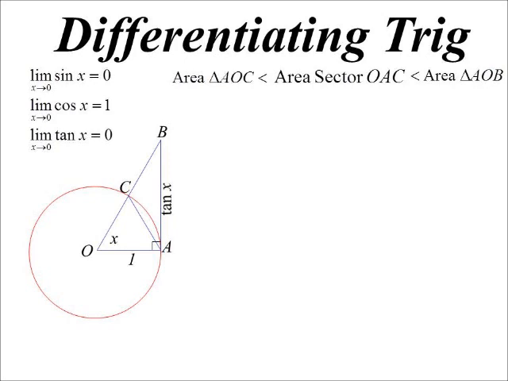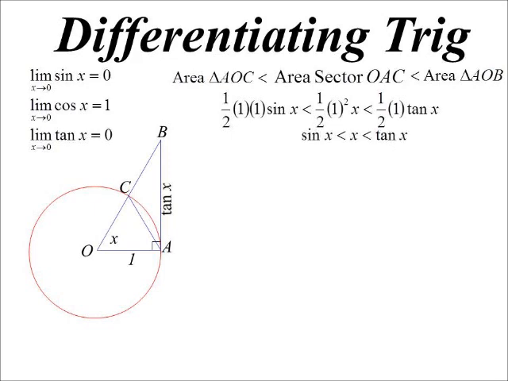Well, let's actually do some calculations. That's why I made the radius 1, it makes life a lot easier, because all those halves will cancel and obviously 1 is 1. So I get that x is in between sine x and tan x. So the actual angle value will always be in between sine x and tan x. Now if I divide everything by sine x, then sine x on sine x is obviously 1.